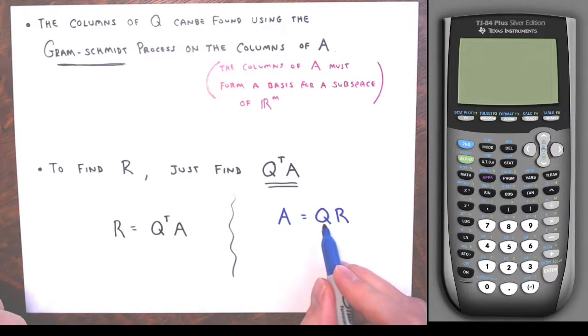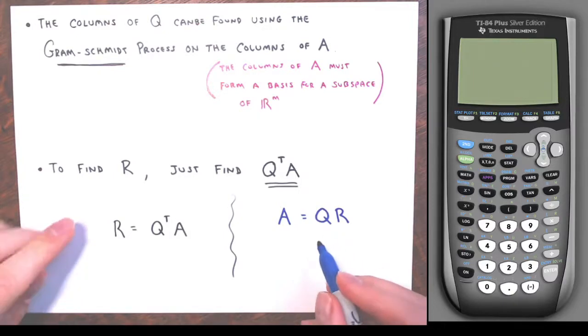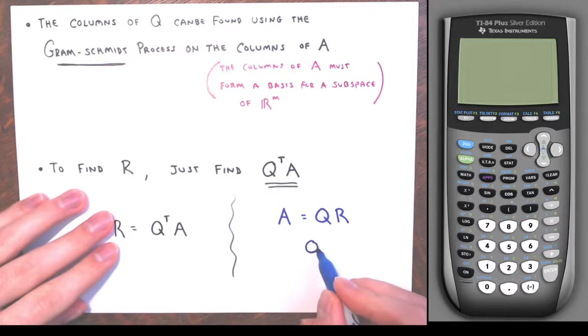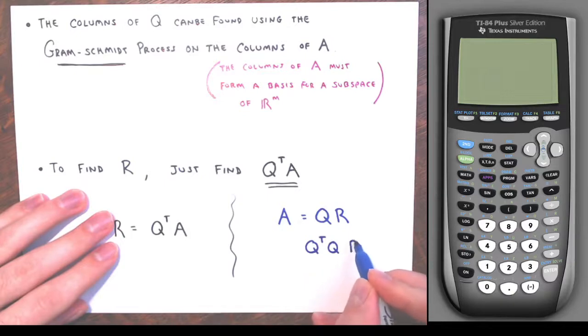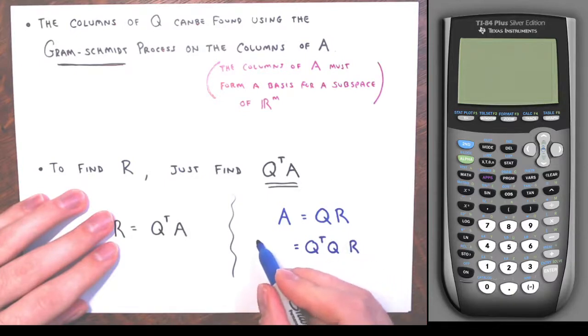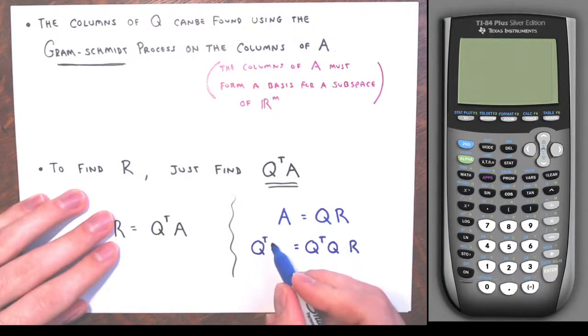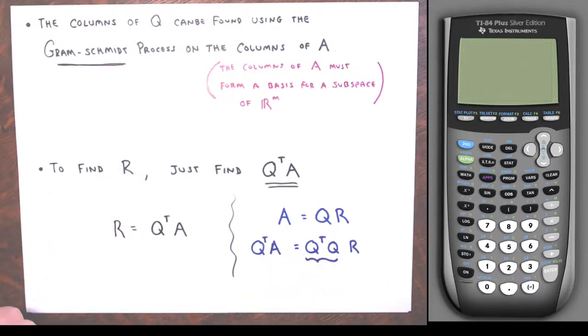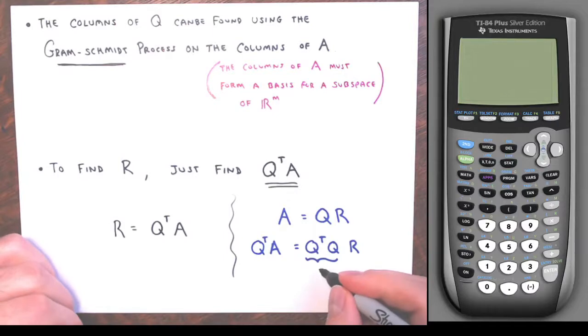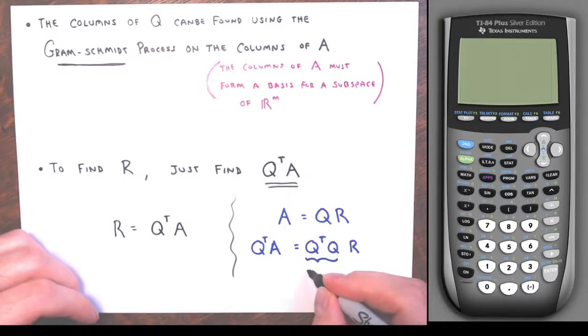If a matrix has orthonormal columns and you multiply it on the left by its transpose, so if I multiply on the left by the transpose of Q, since Q has orthonormal columns, Q transpose times Q will be the n by n identity matrix, I n by n.